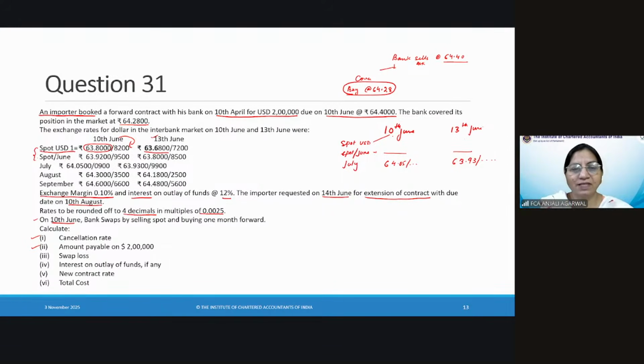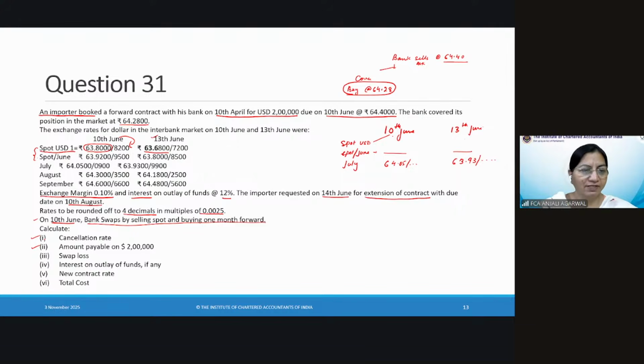So it will have to sell those at 63.80. This is the significance of 10th June here. And also on 10th June, the bank doesn't know when the customer will turn up. So the bank will cover itself. It's saying here on 10th June, bank swaps by selling spot and buying 1 month forward. So bank here, we'll talk about it later. Let's not confuse. Let's go one by one.